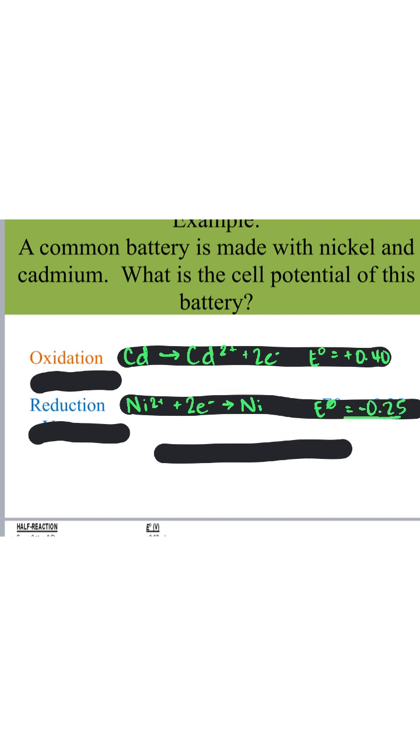We're just going to add those two values up. So a positive 0.40 plus a negative 0.25 gives us a total cell potential of 0.15 volts. And it's going to be positive. You want a positive cell potential or you have a dead battery.